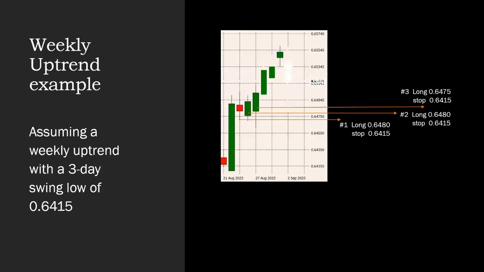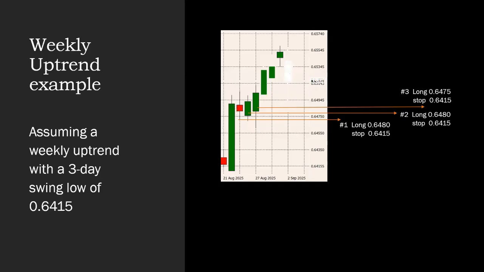Now, in this example, let's assume we're in a weekly uptrend with a 3-day swing low of 6415. So this is a swing low of 3 days, and let's assume this 3-day trend is valid. The moment this trend is in, we're looking for a dip to take our first trade.